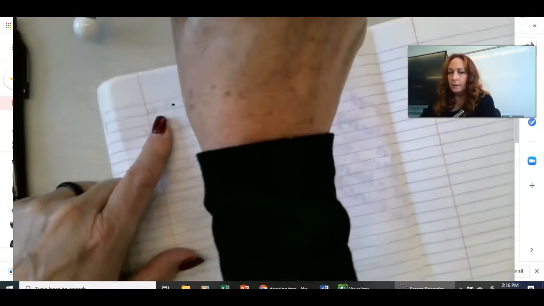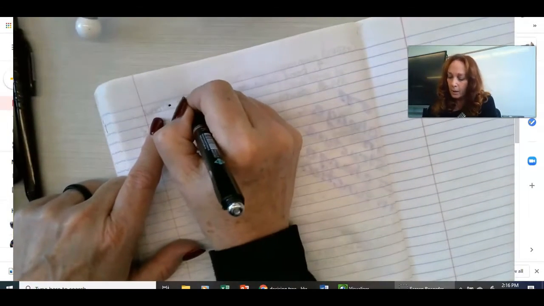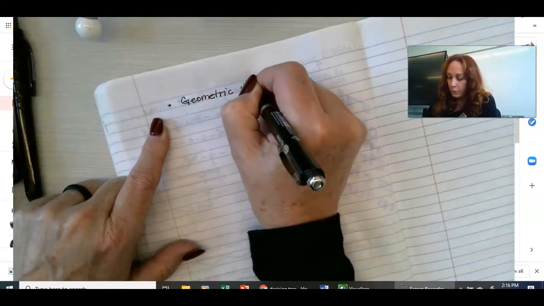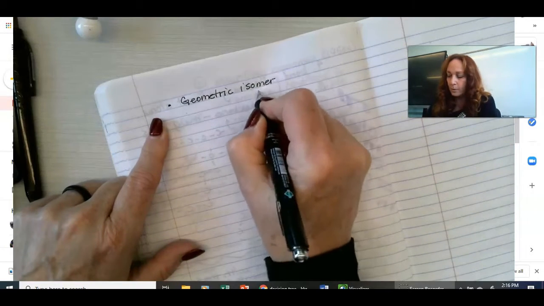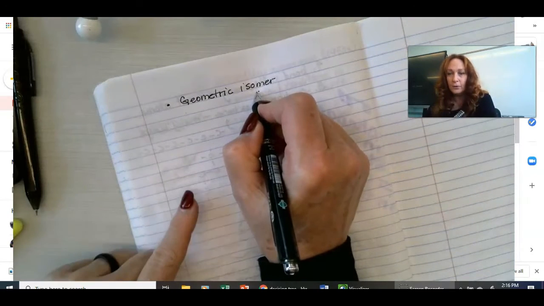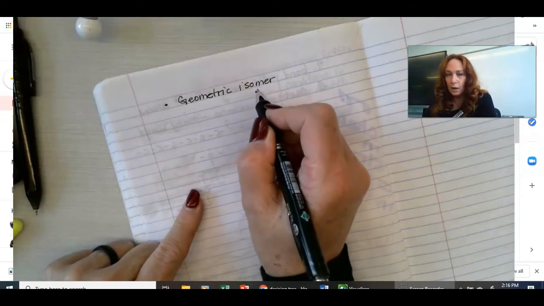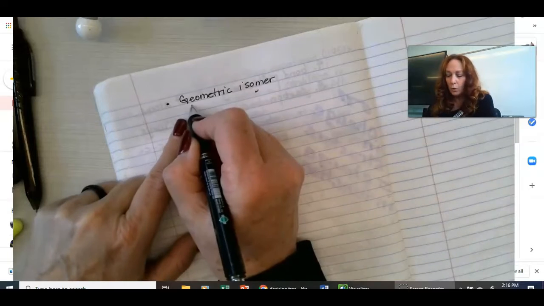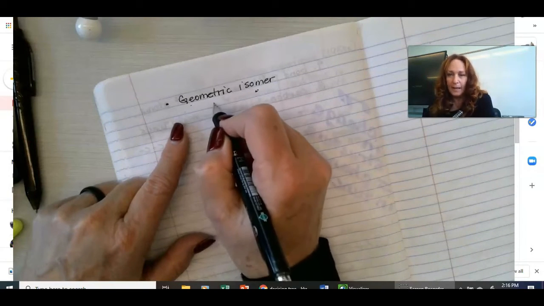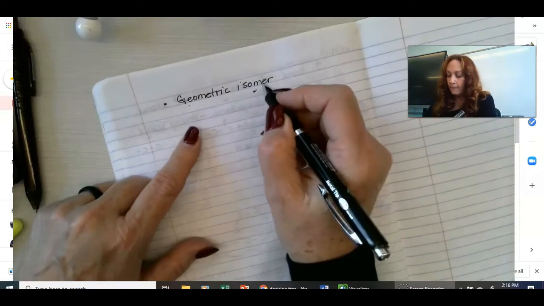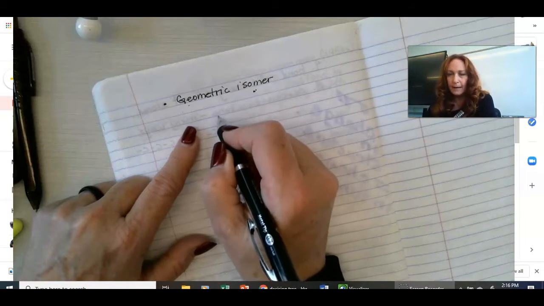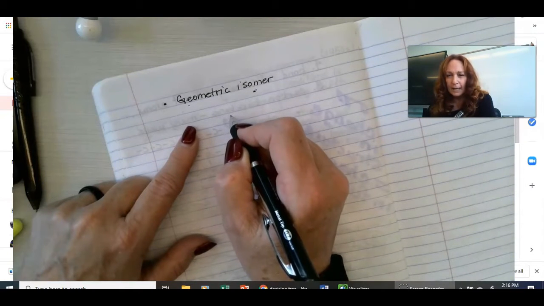Alright, so geometric isomer. Isomer means same parts put together differently. This time we're not talking about the backbone, we're talking about the location of these in space. So this is where you have the ability to have a reference on each side.